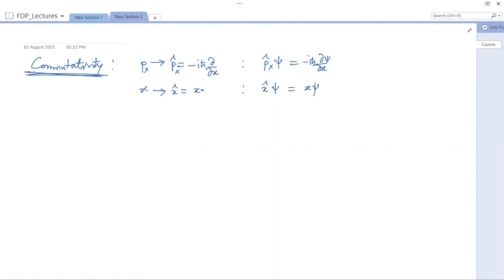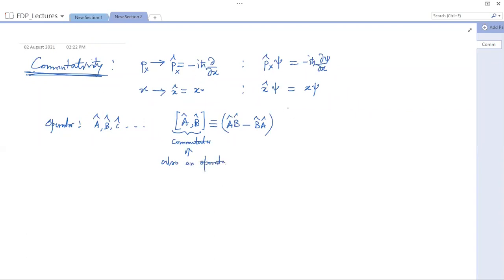If I have two operators, which I'll denote by A, B, C, and so on, then the commutator between two operators A and B is defined by its definition, which means that this commutator is also an operator.